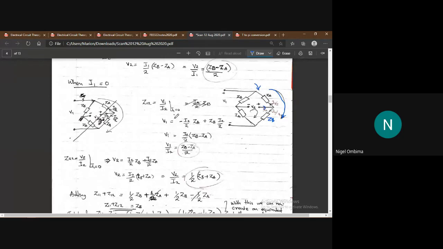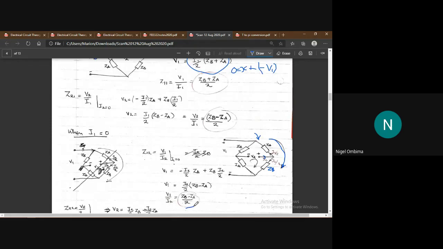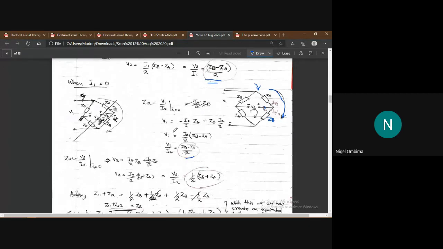So that forms the KVL equation for Z12, whereby, okay, simplify, it becomes V1 over I2 is equals to ZB minus ZA over 2. And if you've noticed, Z12, this one is equals to Z21. So our network is symmetrical. Let's see if it's also reciprocal.